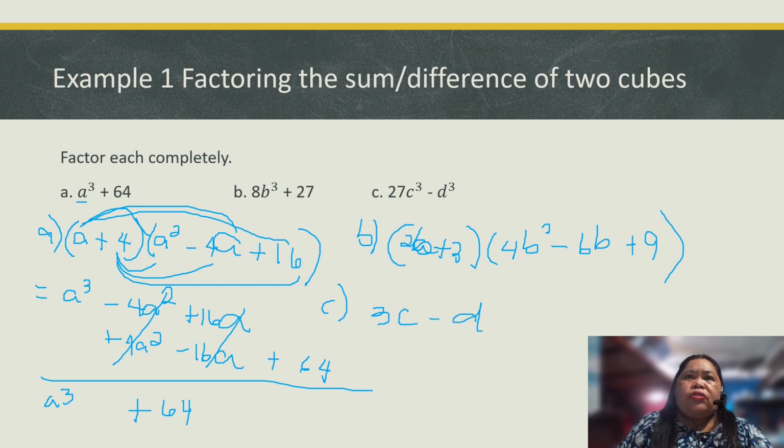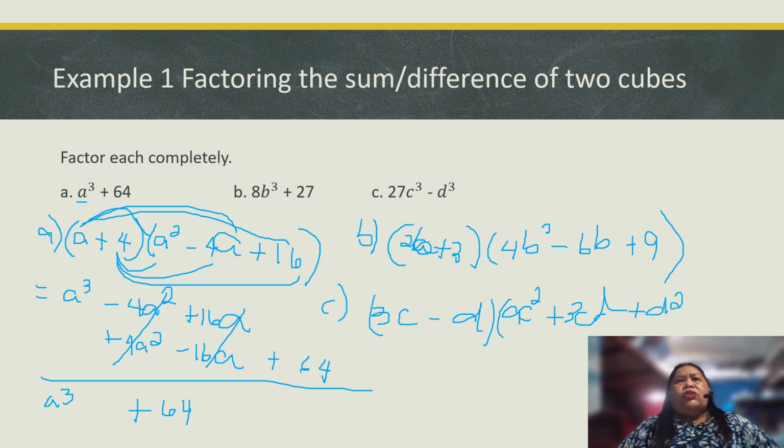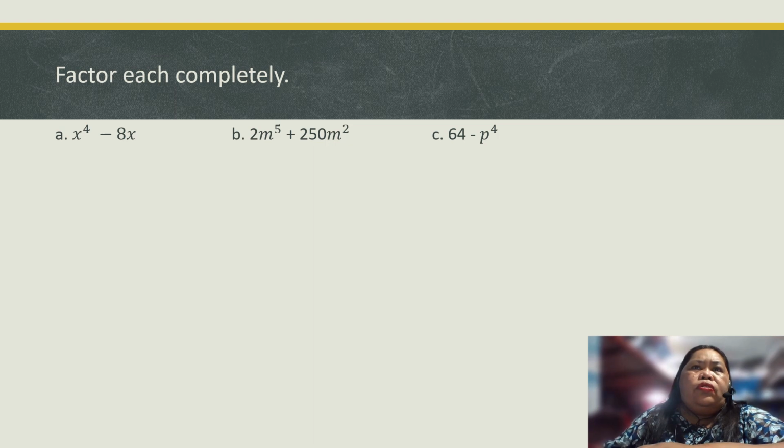Then let us square the first term, which is 3 times 3, 9c squared, plus, this time it's opposite, 3c times d is 3cd, plus d squared. If you are going to check, that is correct. Okay, let us continue.